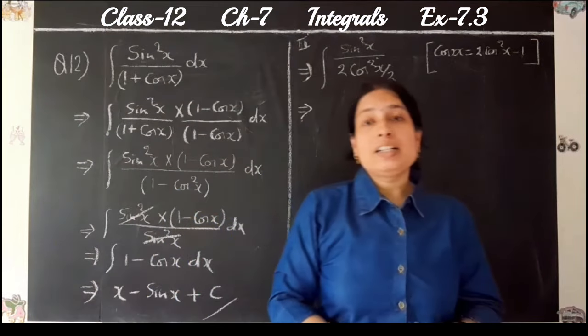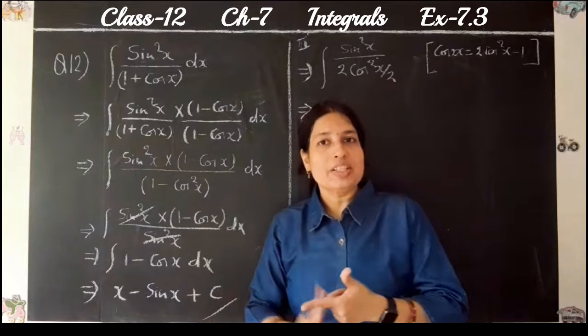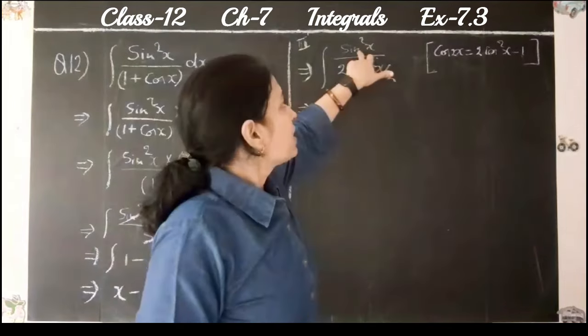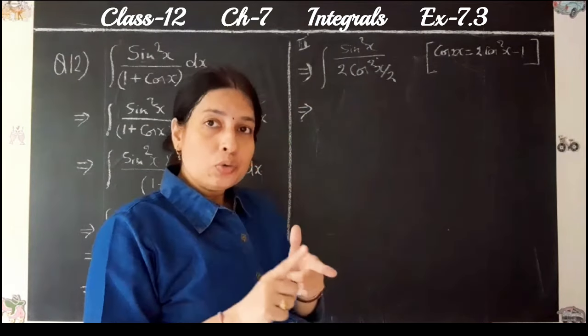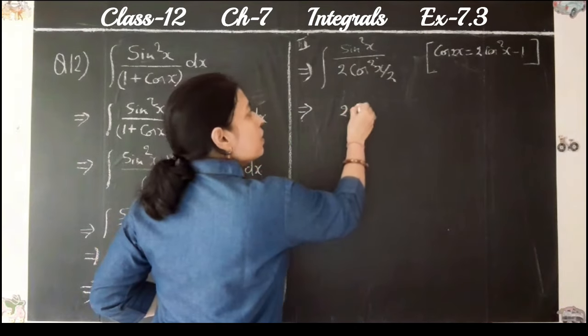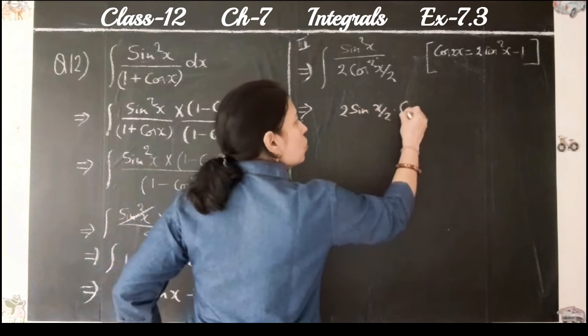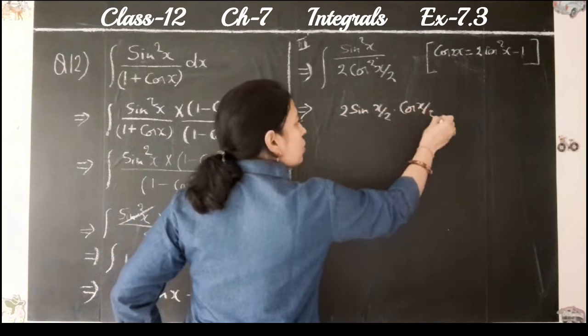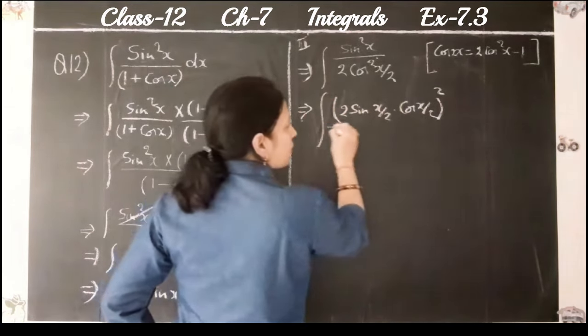And we know that sin 2a is equal to 2 sin a into cos a. So here it is given sin x. So in place of sin x we can write 2 sin x by 2 into cos x by 2, and whole square as it is.